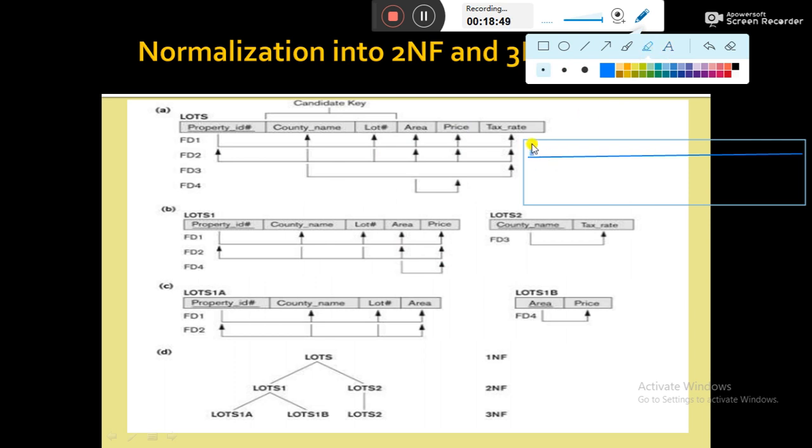Suppose this is property ID. P is the property ID. C is the county name.